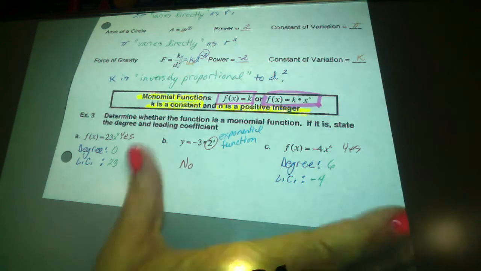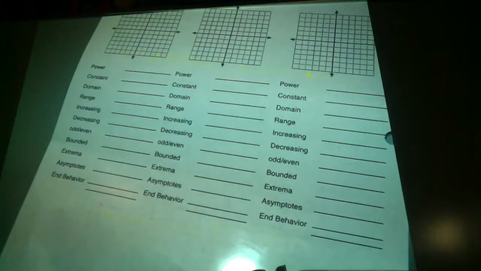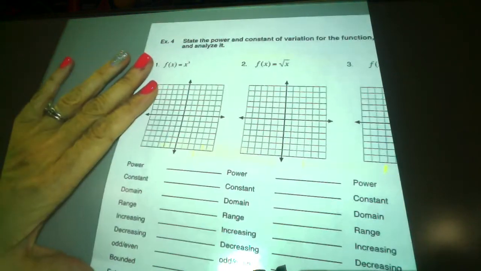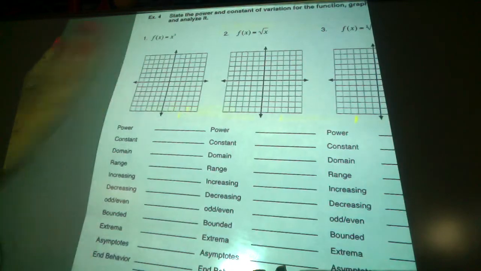All right, so let's flip it. We only have 3 problems, and we're going to use all of this information, plus all the information that you learned in chapter 1, and apply it to each of these graphs. We're going to start off with x cubed. You really don't need your calculator for this. If you don't know what values to put in, just start plugging in values.